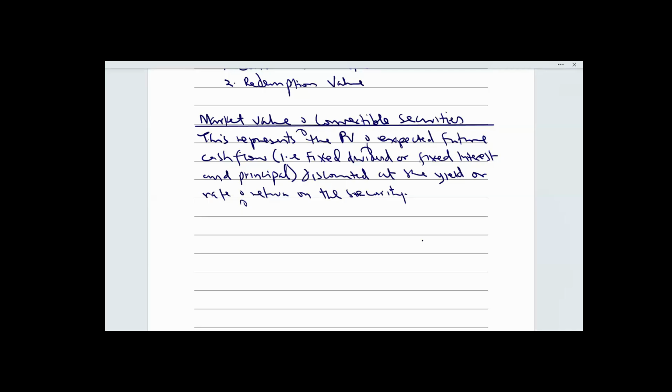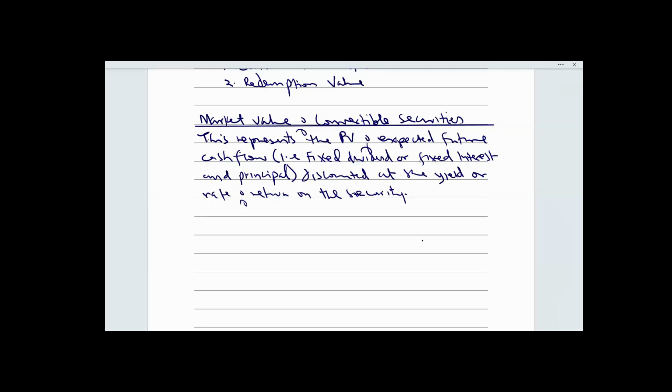So anytime you're asked to calculate market value of security, just go ahead and calculate present value, the same way you normally calculate NPV. The only difference is that when calculating NPV, you start from year 0, then deduct the present value of negative cash flow from the present value of positive cash flow.